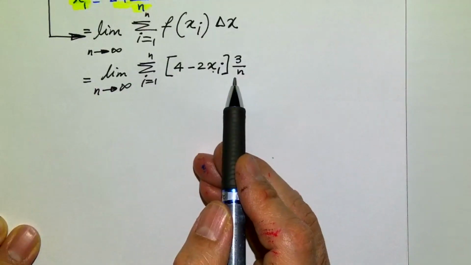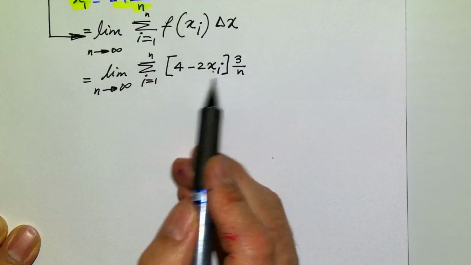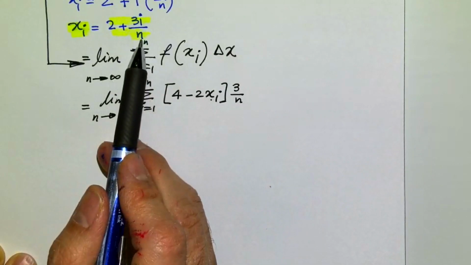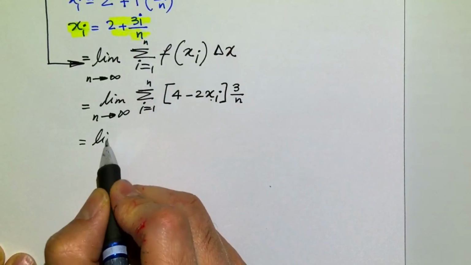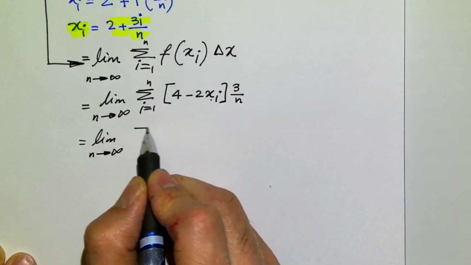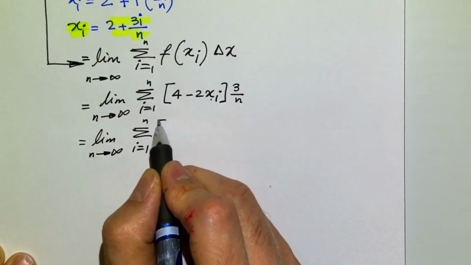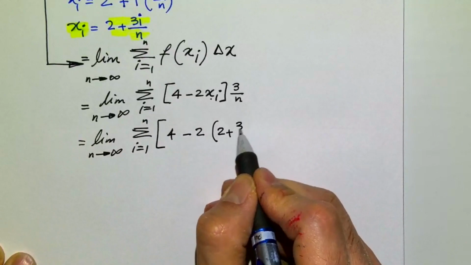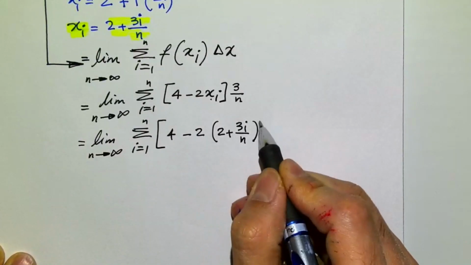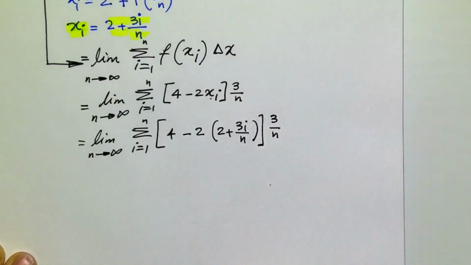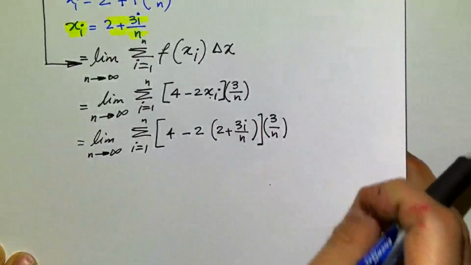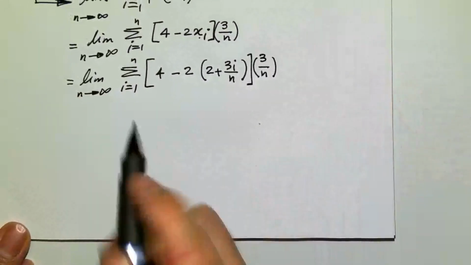Now we're substituting for xi with that quantity, 2 plus 3i over n. So that is equal to the limit of 4 minus two times all of that, 2 plus 3i over n, times 3 over n. That's our delta x.